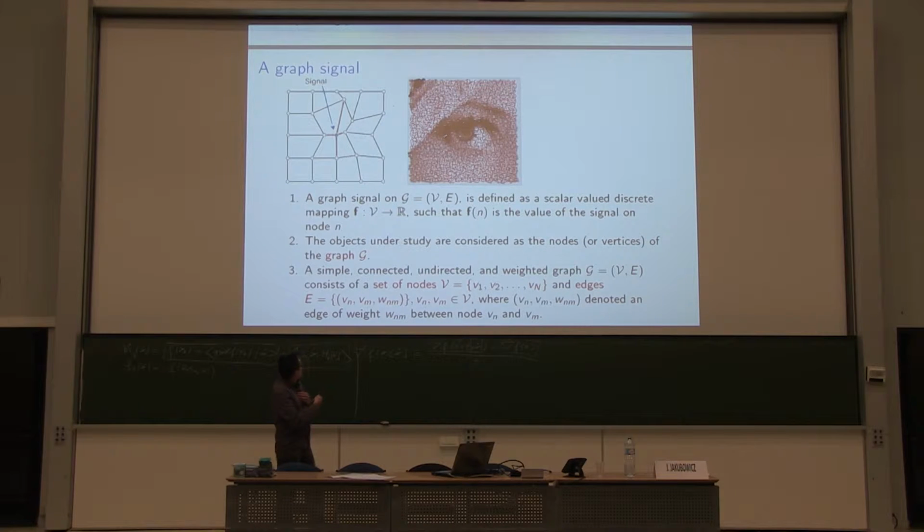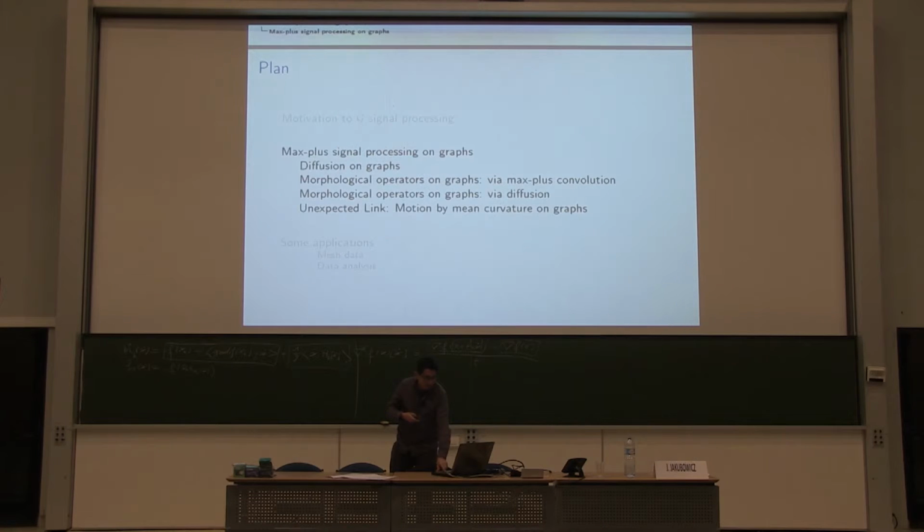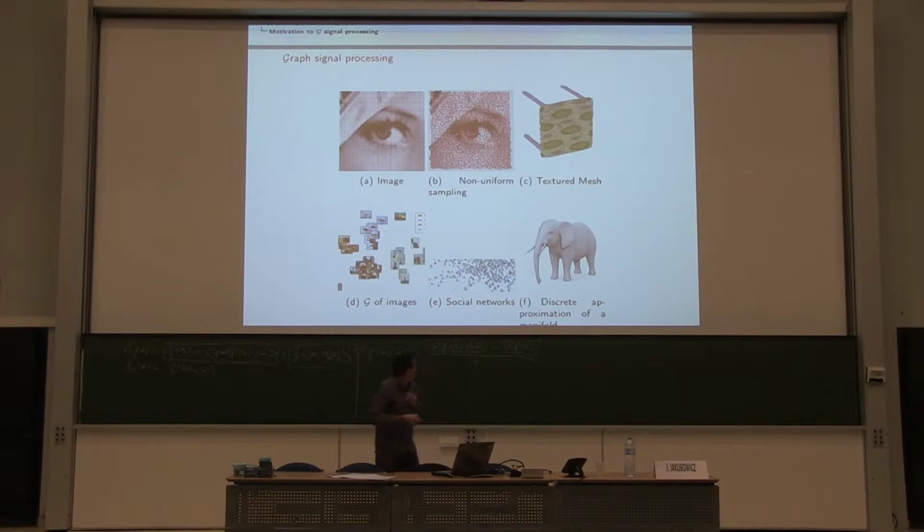So basically, for the notation, I'm going to use G as the graph, V the vertices, and E the edges. The main idea is why we want to formulate convolution and change the algebra on graphs.